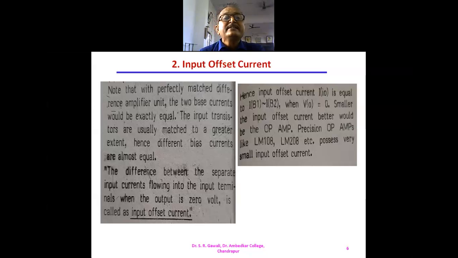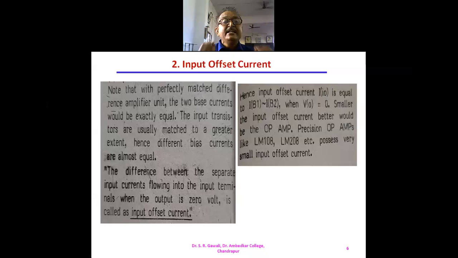If the two transistors in the difference amplifier are perfectly matched, then the two base currents would be exactly equal. IB1 and IB2 will be exactly equal, and the input transistors are usually matched to a greater extent, and hence the input bias currents are almost equal.